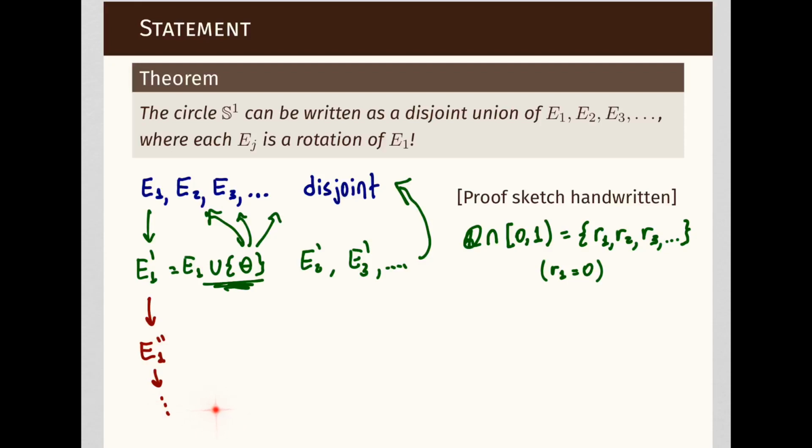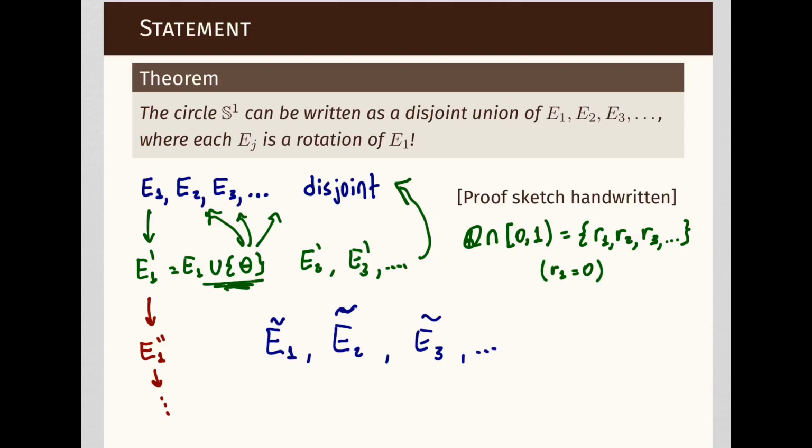But we do not just keep doing it. Now we are using some very complicated property of induction, which is not really induction because it is uncountable in the end, but it is possible to increase these sets until we get some E1, let's call it E1 tilde, such that when we define the other ones and keep going, they are still disjoint.